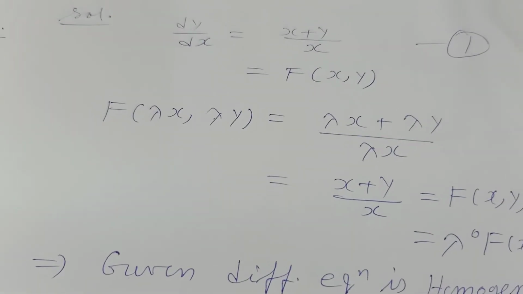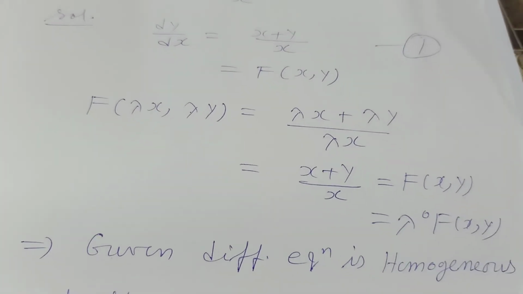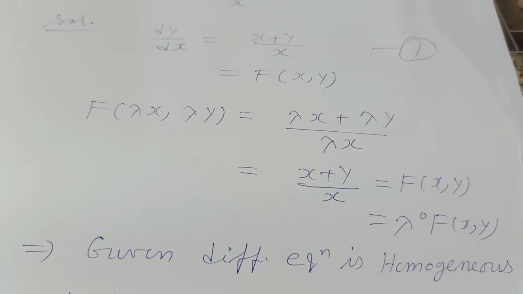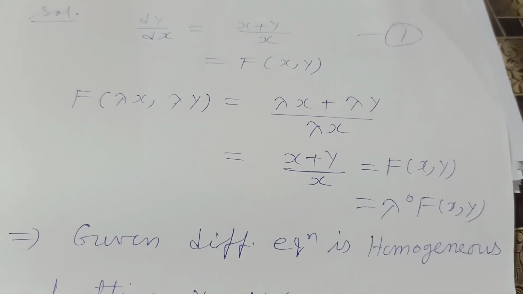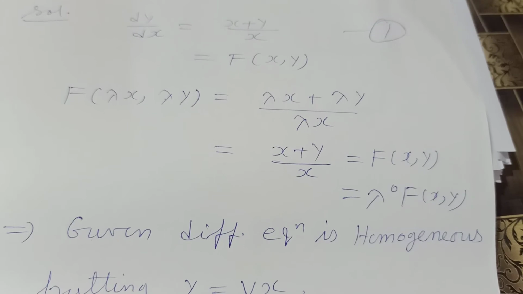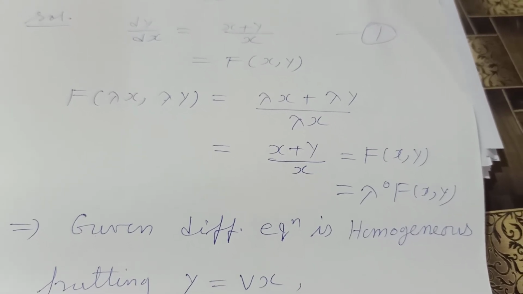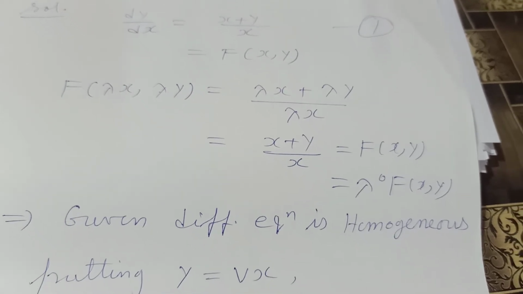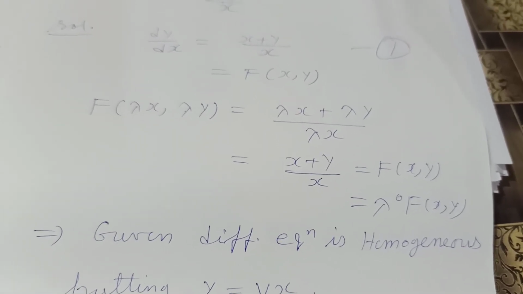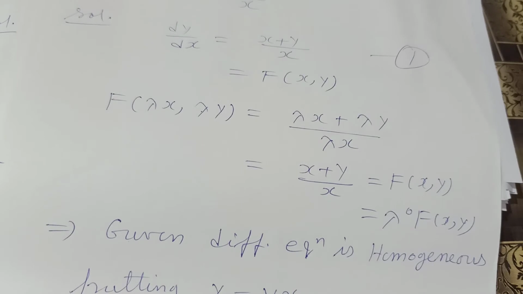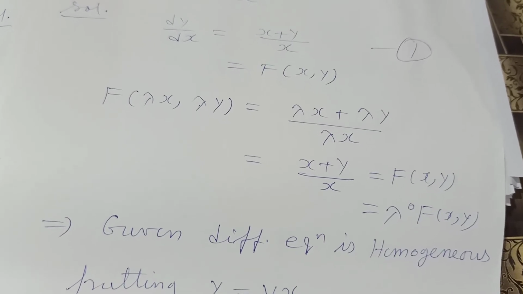So we will find the value of f of lambda x, lambda y, that will be (lambda x plus lambda y) upon lambda x, or (x plus y) upon x, that is f of x, y. That means lambda raised to 0 into f of x, y. Therefore the given DE is homogeneous. So we can solve it by the method stated earlier.